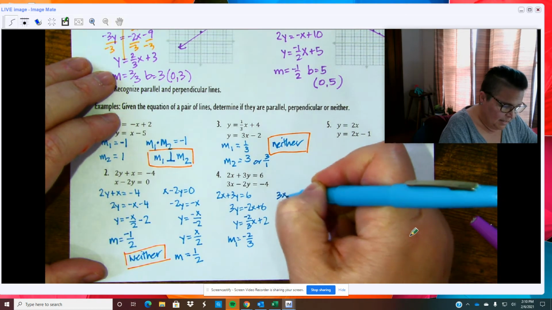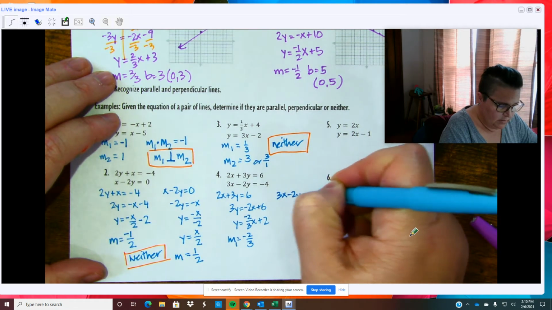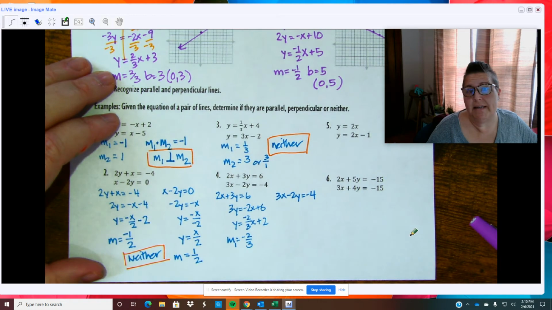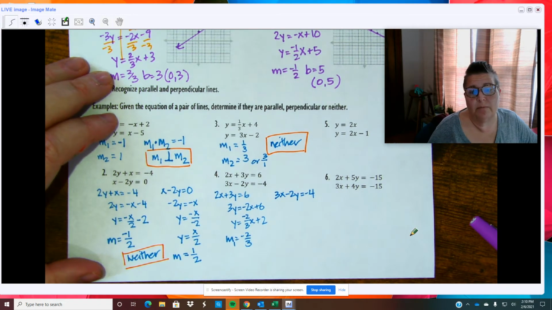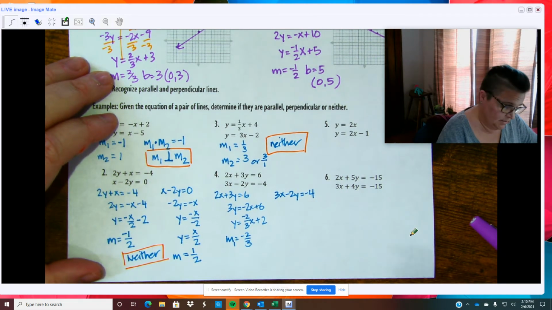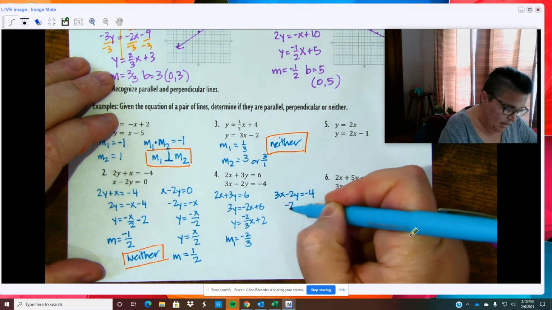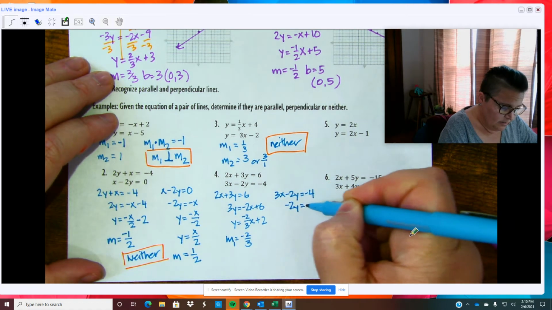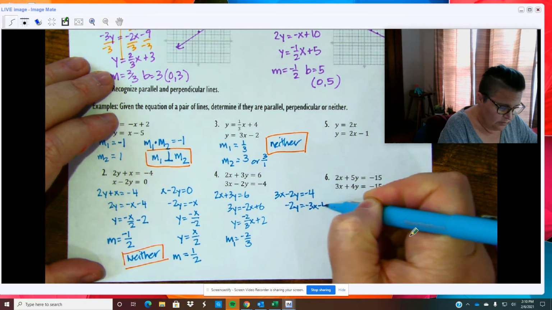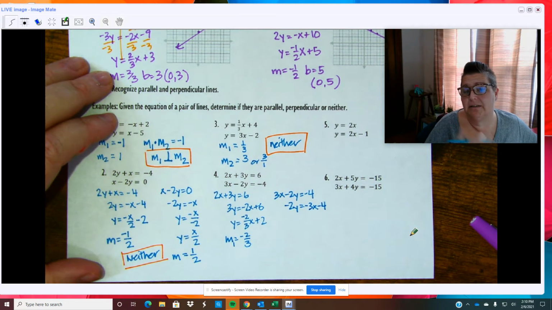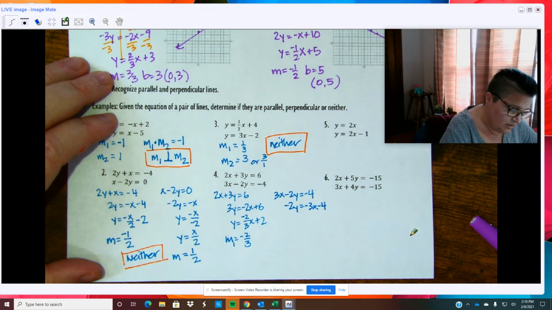My second line is 3x minus 2y equals negative 4. This is not in slope-intercept form. I'm going to need to rearrange this. So to solve it for y, I'm going to move that 3x over. Negative 3x minus 4. And then divide everything by negative 2, distributing that division. Negative 3x over negative 2.